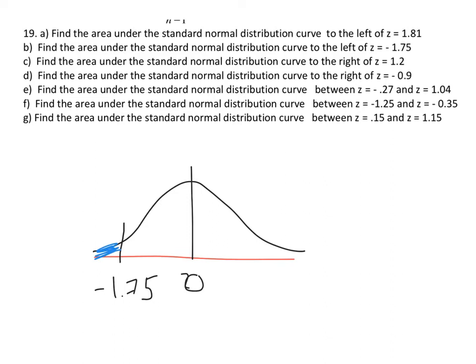So if you remember, our z table doesn't have any negative values on it. So even though I have negative 1.75, what I have to look up in the table is positive 1.75. We're going to use the fact that the normal distribution is symmetric, so this area here is going to be the same as this area here. We have this symmetry going on.